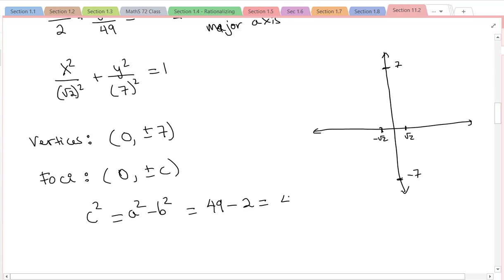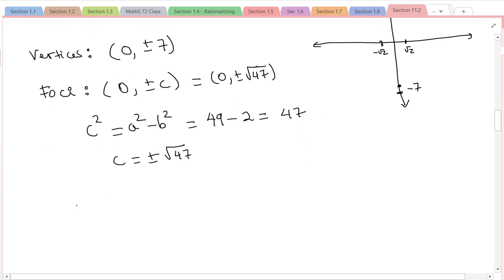So I get 47. So c is equal to plus or minus the square root of 47. So my foci are 0 plus or minus the square root of 47, which you can see are going to be very, very close. The square root of 49 is 7, so the square root of 47 is very, very close to it. So we're going to have foci very close to there.